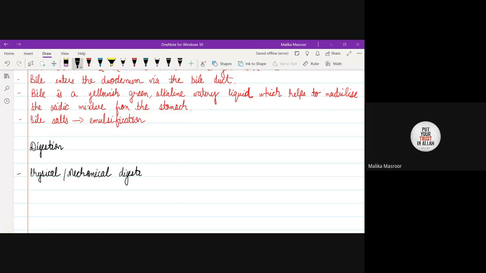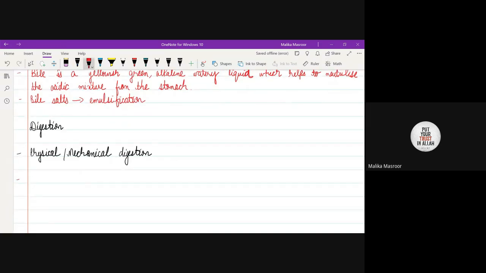If I talk about physical, basically, physical is simple breaking down of large molecules of food into smaller molecules of food, and it's basically done by teeth. But churning of food in the stomach is also a part of your mechanical digestion. Okay, and it does not change the chemical contents of the food. So, breaking down of large molecules of food into smaller pieces.